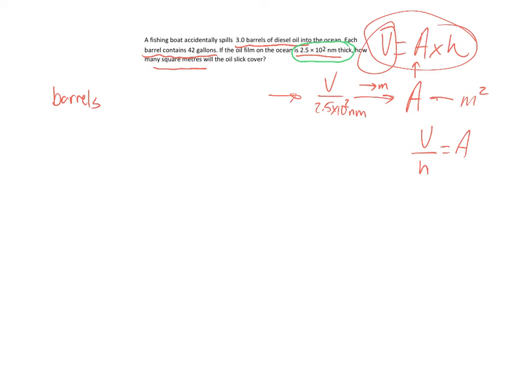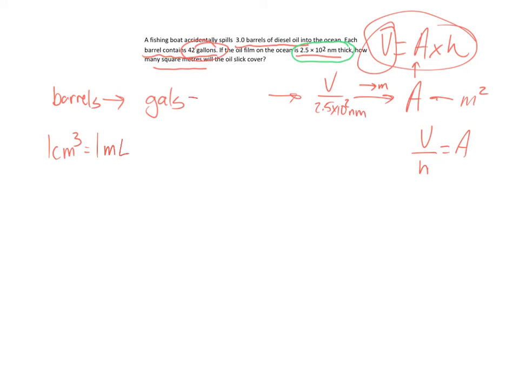So I have volume, but it's in terms of gallons. So I could go from barrels to gallons. But I need something that I can use in order to get from gallons into cubic meters, into something useful. There's a conversion that you're going to need to memorize in class where 1 cubic centimeter is equal to 1 milliliter.